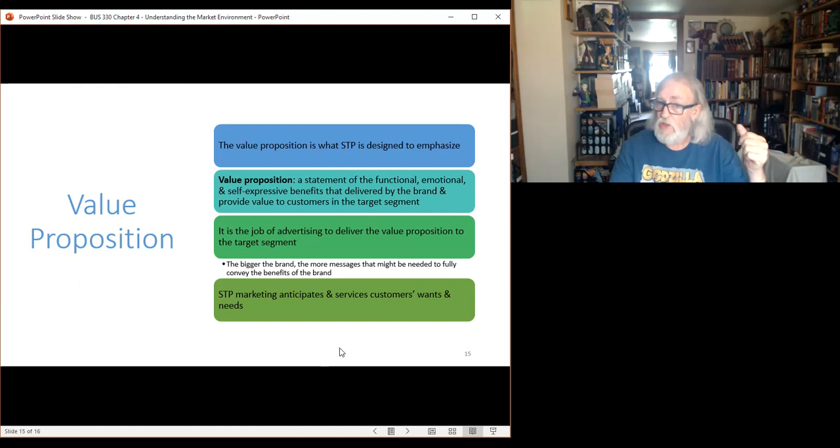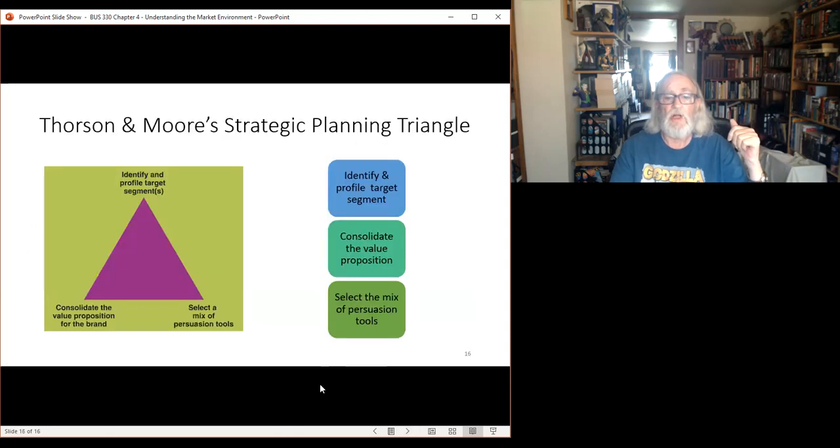It's about anticipating what consumers want and fulfilling their wants and needs with a real value proposition that they are happy with. So one way to look at this, just to sum it all up, is this scholarly triangle that Thorson and Moore came up with, and says, this is how we do it. And this is really what I've been talking about.